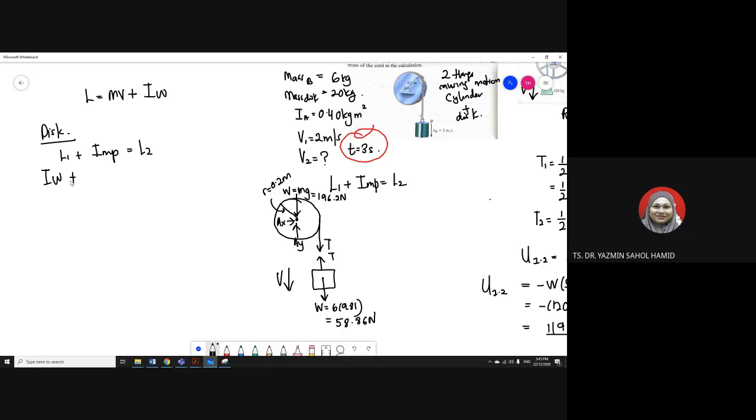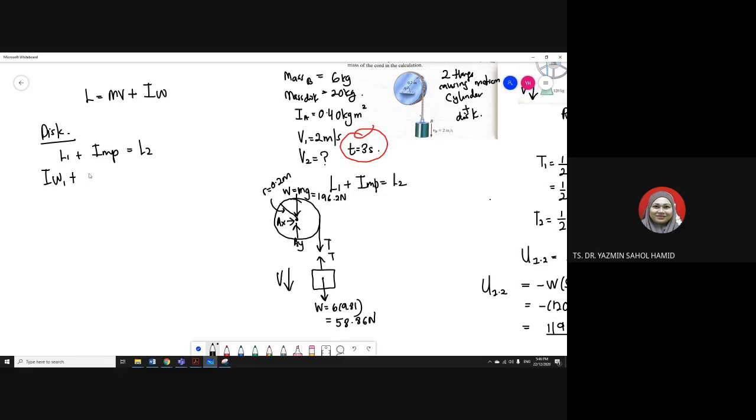Okay, because they're rotating. Okay, and then kita ada impulse. Now impulse yang kita nak consider kat sini apa? What do you think? Impulse due to what? The disc. Okay, so impulse due to this disc ni kita boleh consider the moment from the force T. So it means force T kali 0.2.